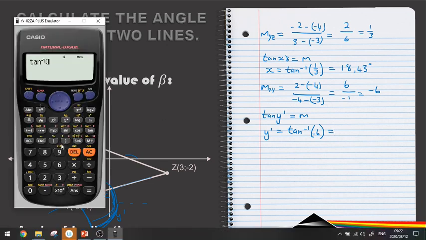So shift tan -6, and that gives me -80.54 degrees.